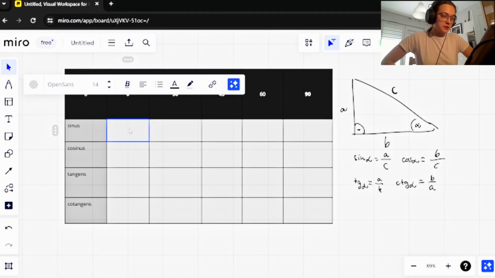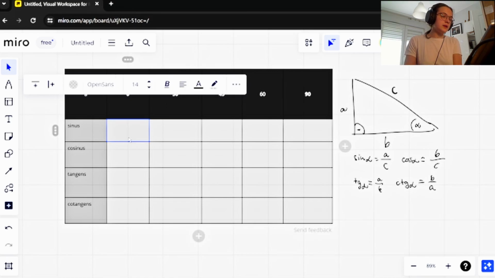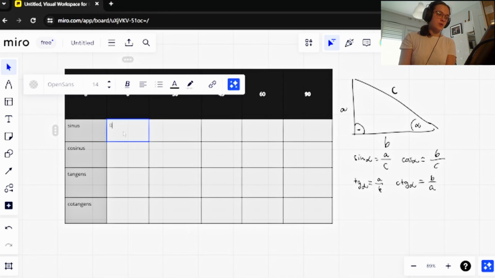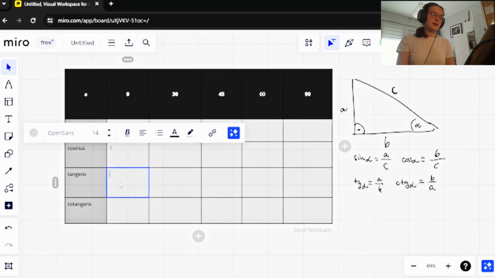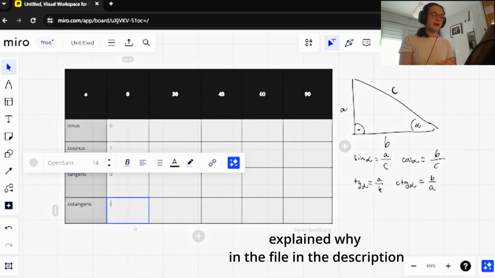Let's start with what their values are at different angles. At 0, sinus is 0, cosinus is 1, tangens is 0, and cotangens is undefined.